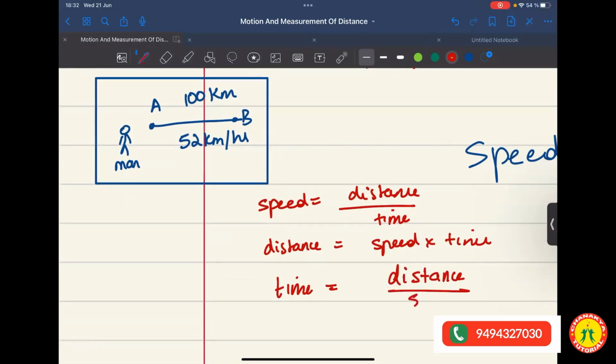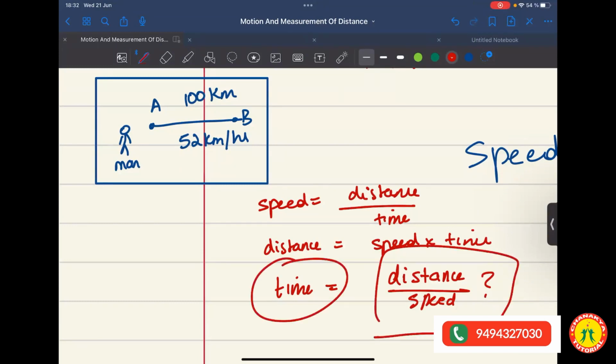How did you get this? Ma'am, I divided it. You divided what and what? Ma'am, I divided 52 by 100. Why did you divide 52 and 100? How did you know time? This is the formula. Ma'am, because we have to find the time.